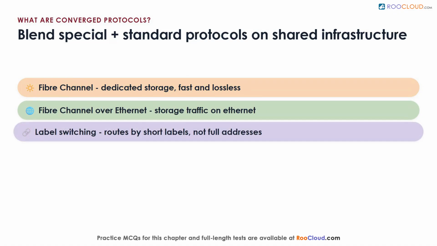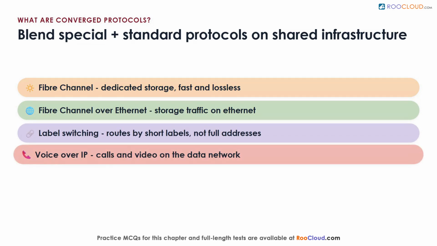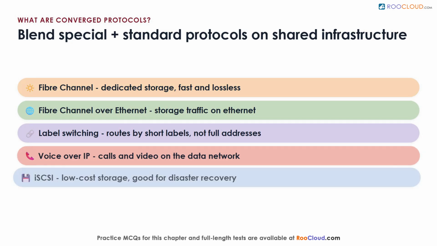Label switching routes data by short labels rather than full addresses, which is faster. Voice over Internet Protocol carries phone calls and video over the network cheaply. And one storage standard moves storage commands over a normal network as a low-cost option. It's flexible, reusable, and well-suited to disaster recovery.